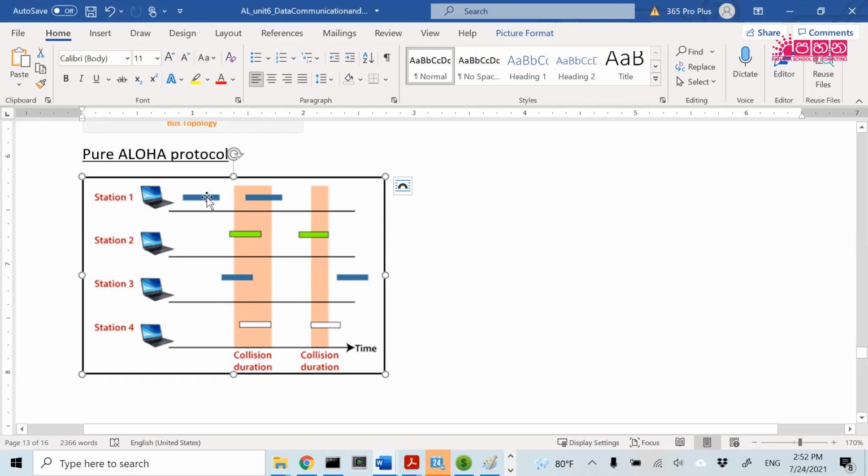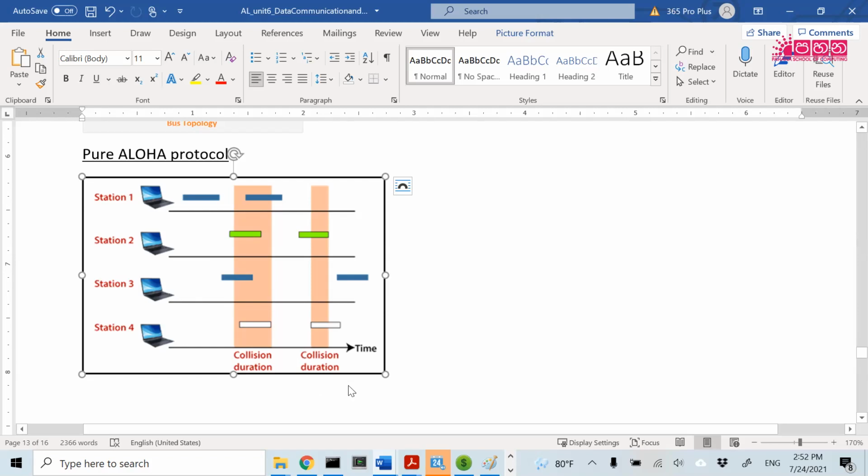So for example, if you start from here, let's say station 1 is going to send some data, and no other station sends data. So no other data will collide, because there are no other data points.